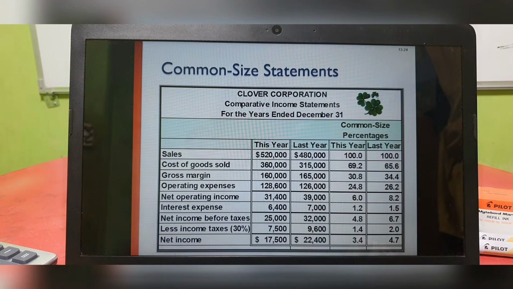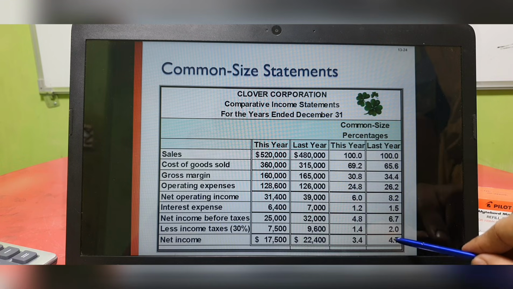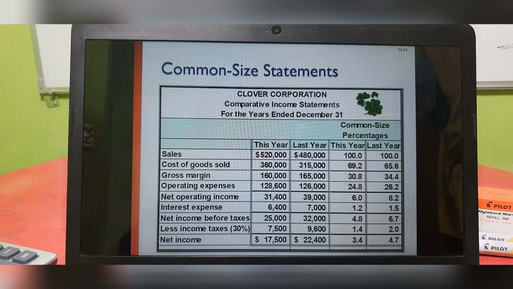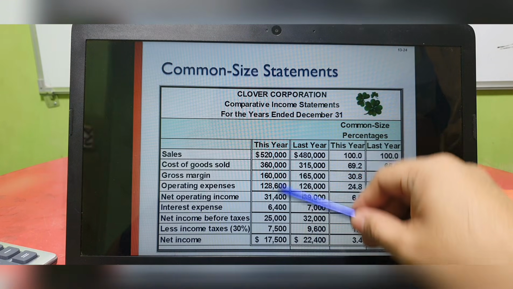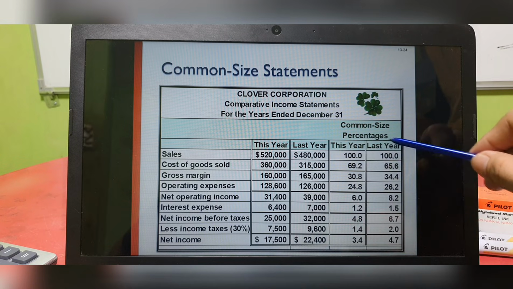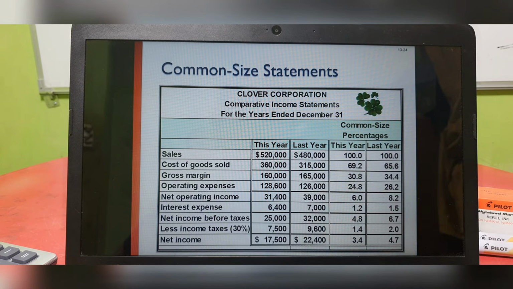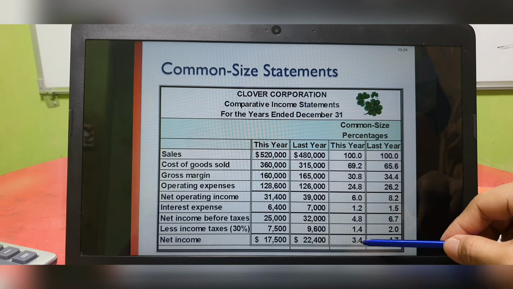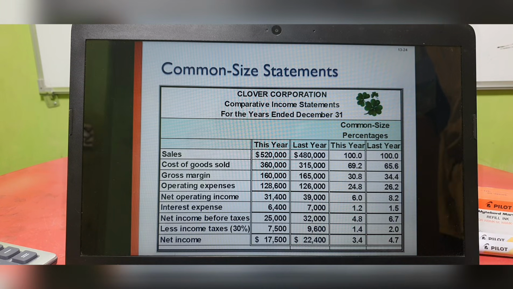So lahat in-express natin in terms of percent. And we call it common size statement. Bakit common size? Kahit na magkakaiba yung level natin dito, lahat na to, ang tingin lang natin ay, ang pinakamataas ay 100%. And we can have an idea also that for every peso sale, 3.4% of that will go to us as our net income.